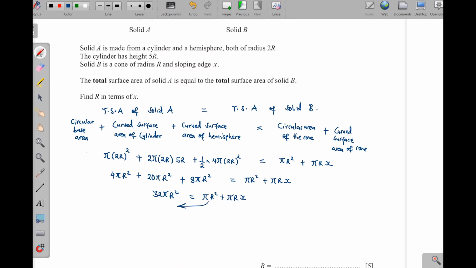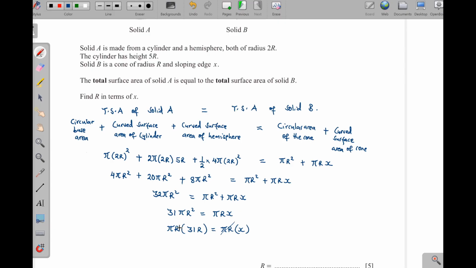Bring this one this side. So you will have 31 pi then r squared. This one will be equal to pi r then of x. So what is common is pi and then r. So we shall get 31 here then times r, then will be equal to this pi r, which is also common.